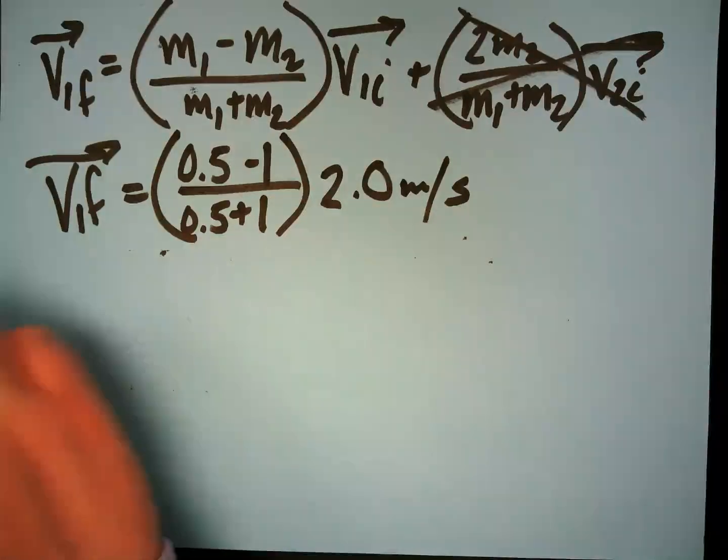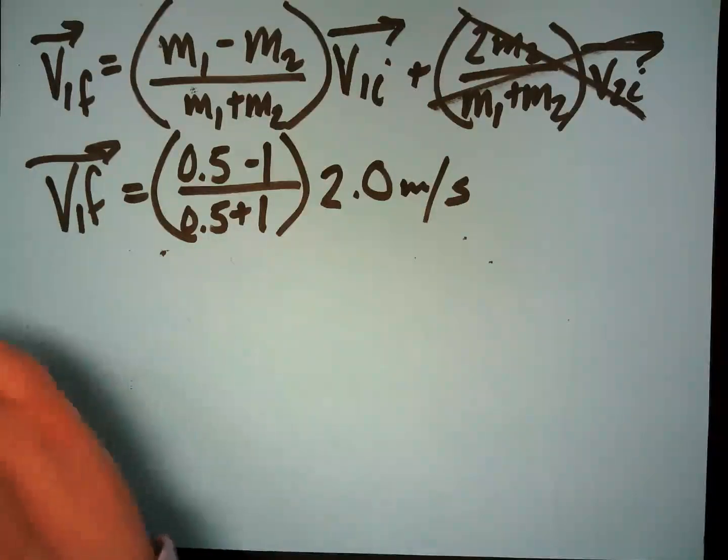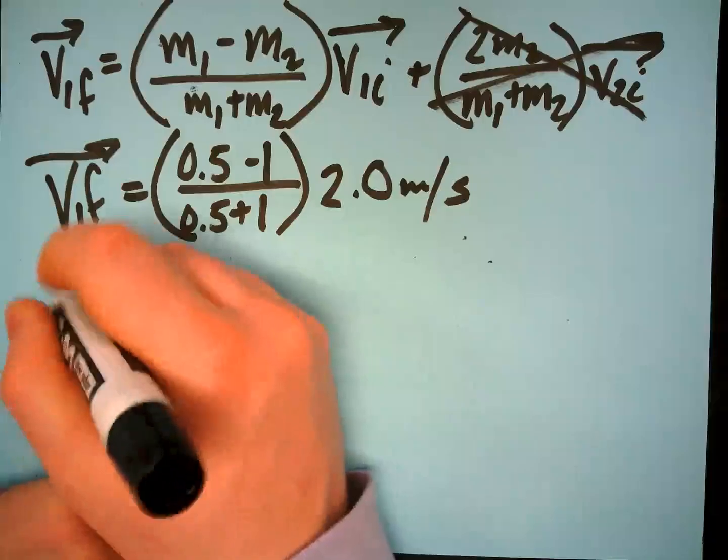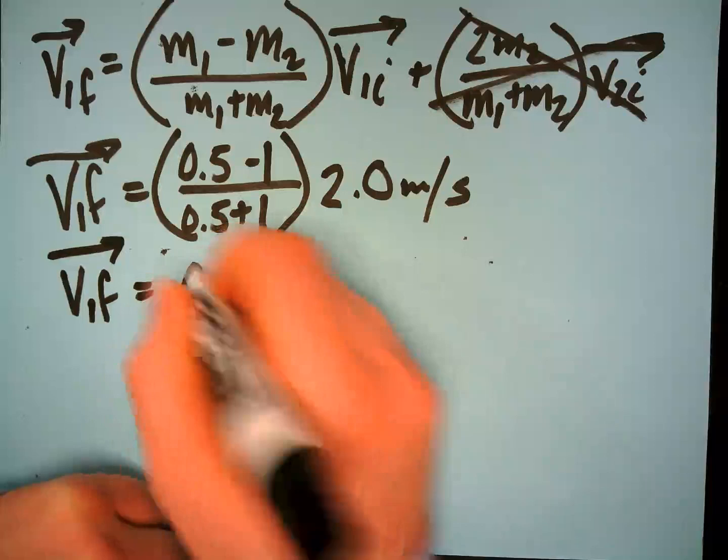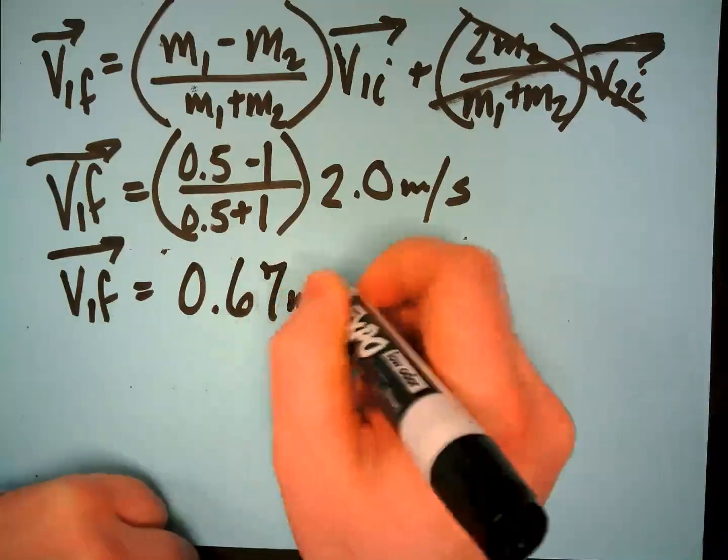Okay. So if I pop that into the calculator, it's 0.5 minus 1, divided by 0.5 plus 1, times 2. So what I'm going to get here is a negative 0.67 meters per second.